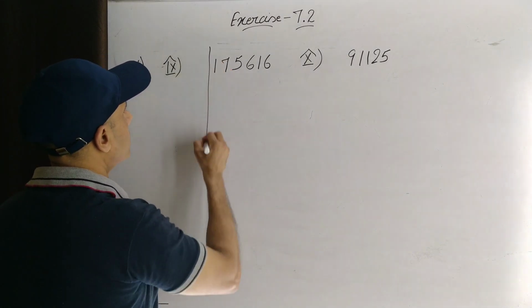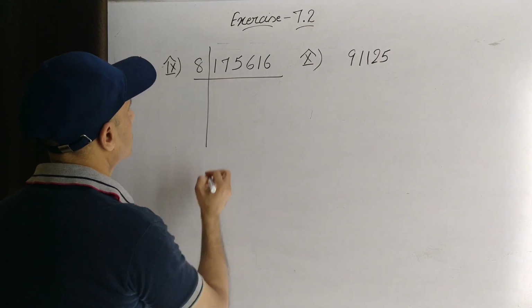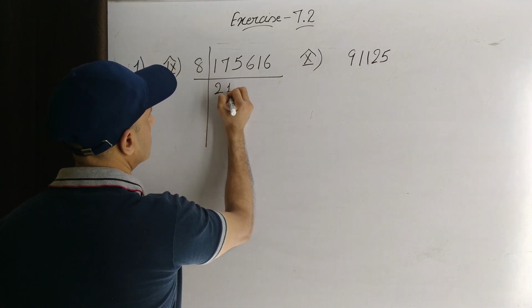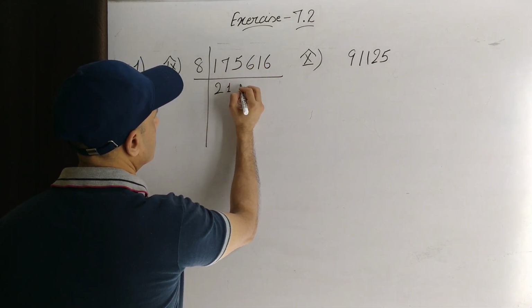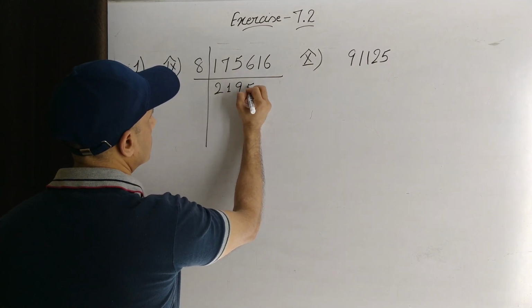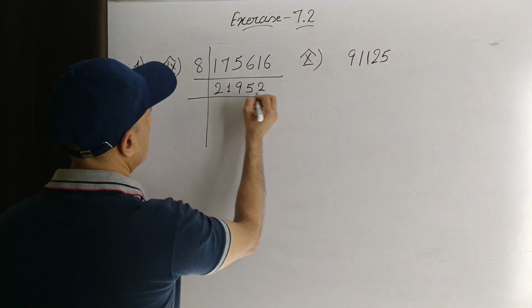This number is again divisible by 2, so we'll take 8. Again we'll take 8.